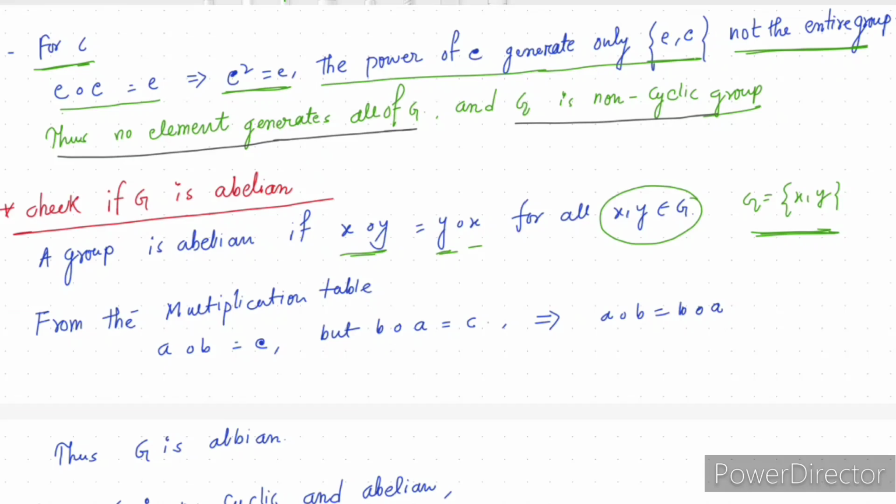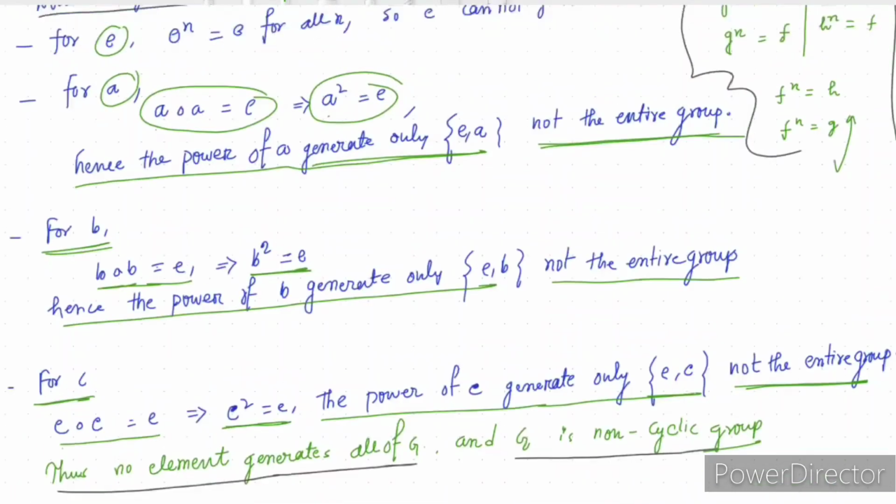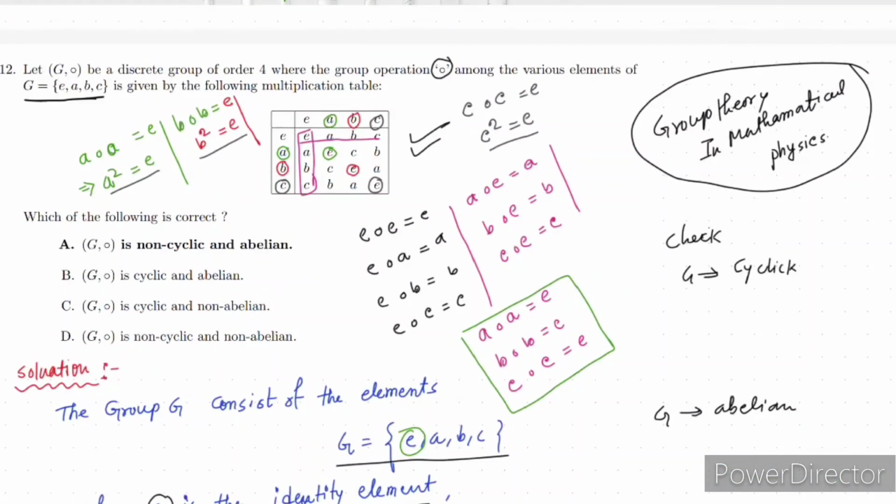Okay, so from this multiplication table, a and b, we get the c value, right?